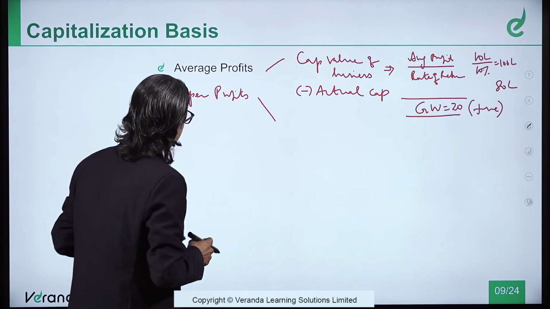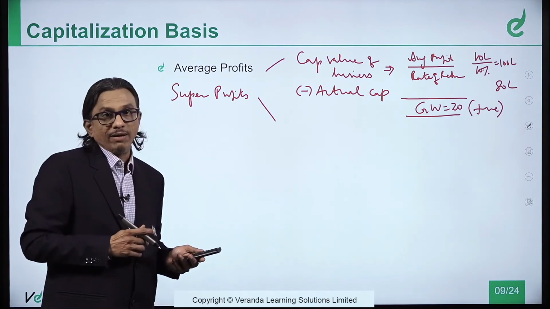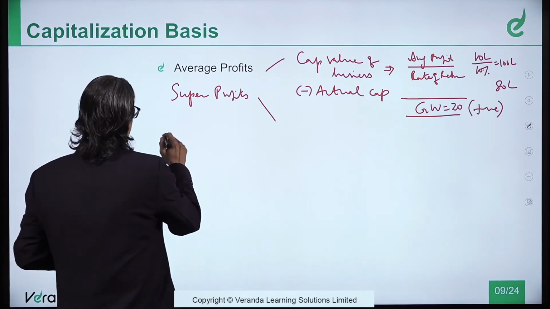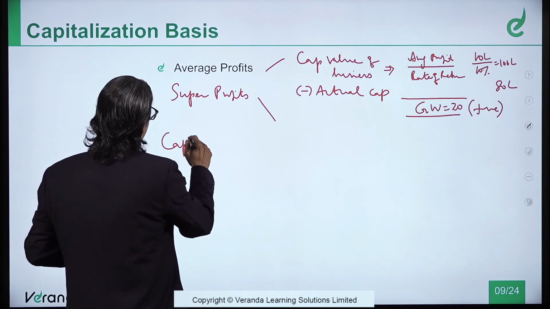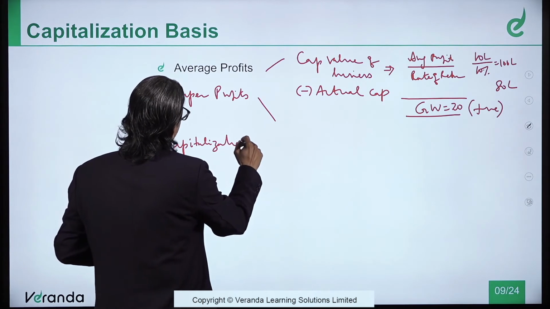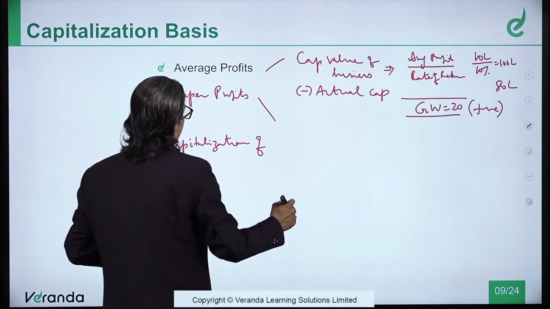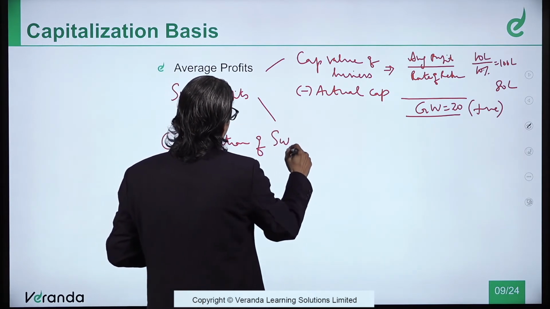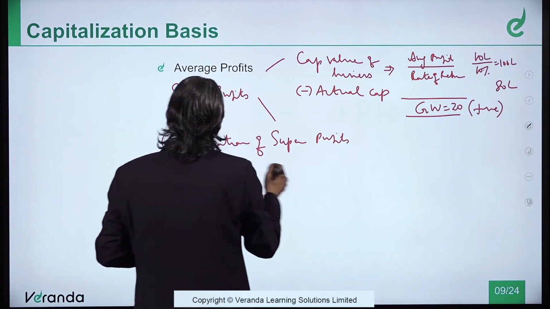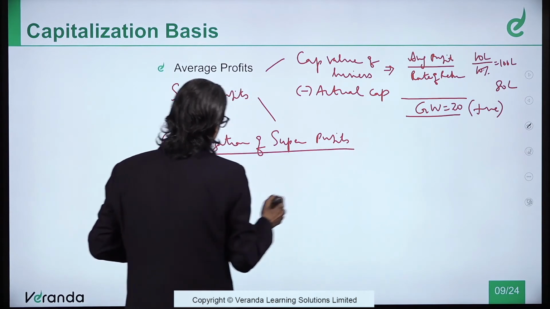Now the capitalization method can be used to find the goodwill based on super profits also. We call it as capitalization of super profits. What is the formula to find the value of goodwill?